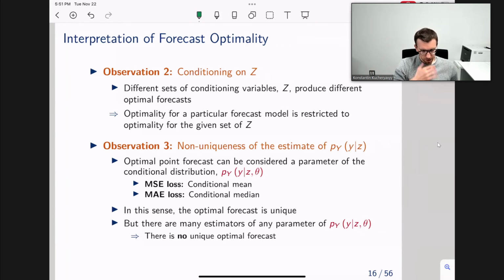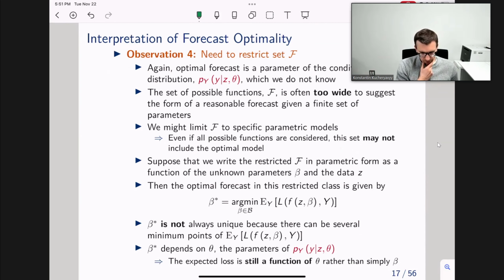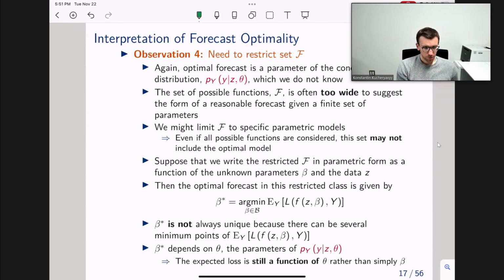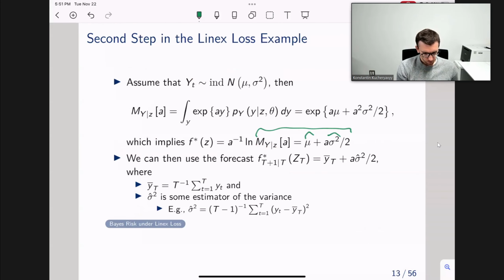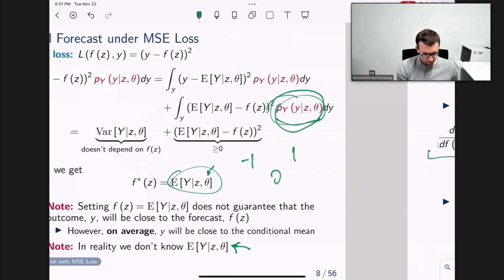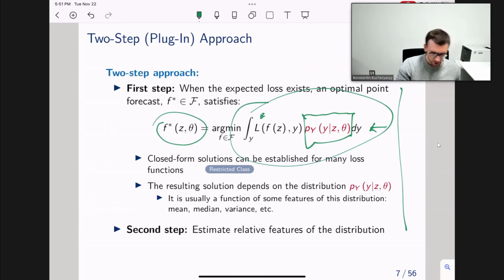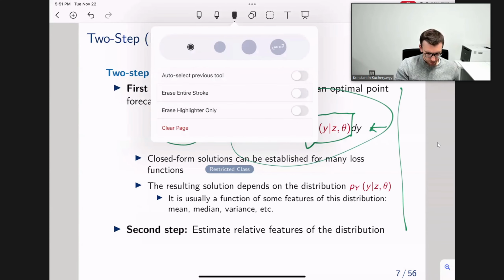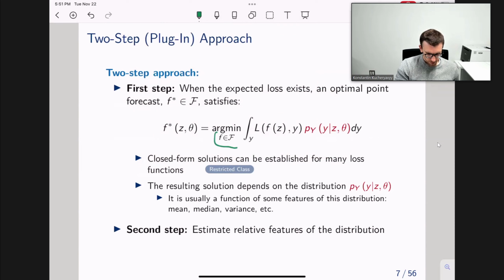Okay, then another observation is that we need to restrict the set of models that we are using for the forecast. If we go back to the formulation of the problem, I was using this minimization over some set of models, curly F. Obviously, this cannot be just some randomly large set of models.